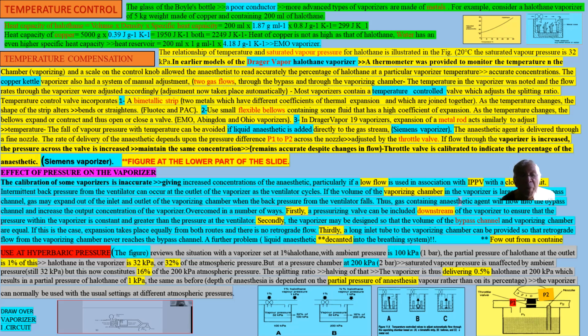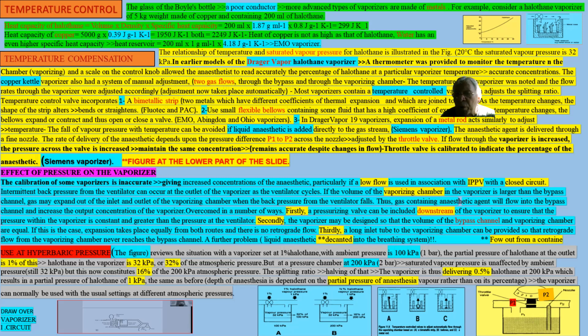Next is the effect of pressure on the vaporizer, which we can call the pumping effect. What's the meaning of the pumping effect? Whenever we use a vaporizer followed by intermittent positive pressure ventilation from a ventilator, using a closed circuit with a low flow system, this may cause back pressure on the vaporizer during inspiration.